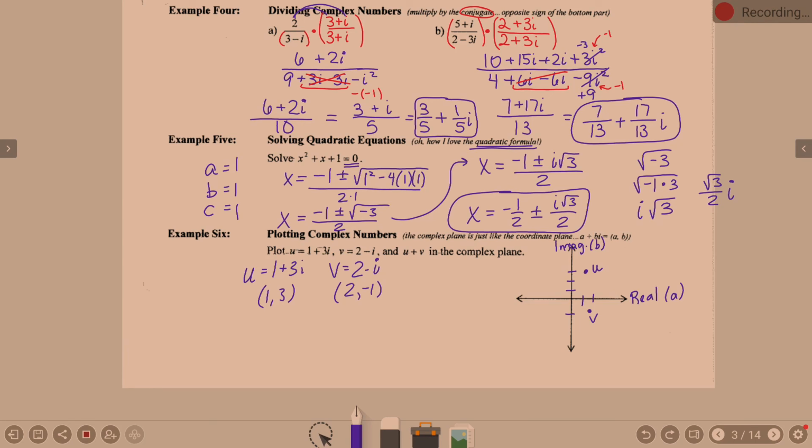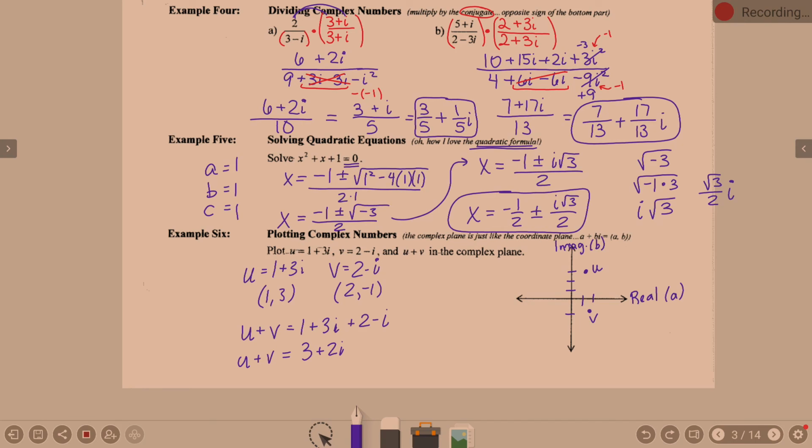Now, it also asks us to plot U plus V. What do I need to do before I plot U plus V? Should we maybe find what U plus V is? Yeah. So U is 1 plus 3i plus V is 2 minus I. So when we add like terms there, what do we get? 3 plus 2i?